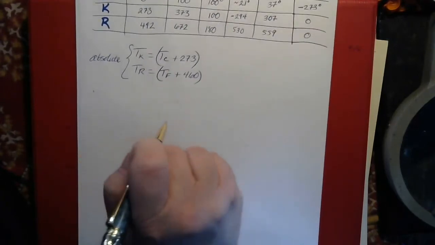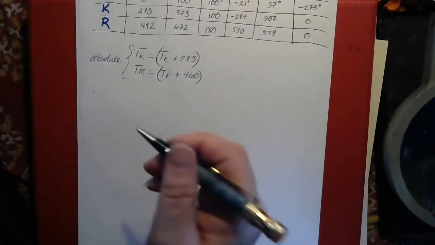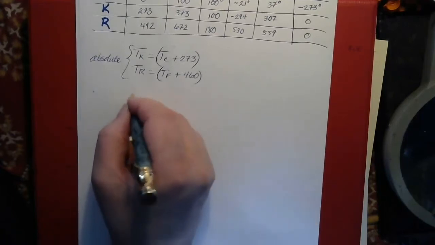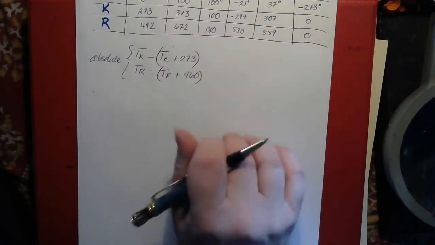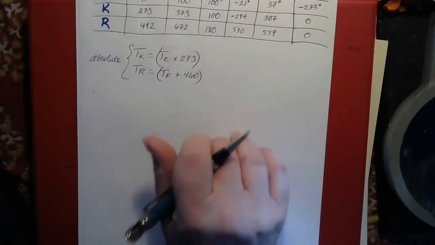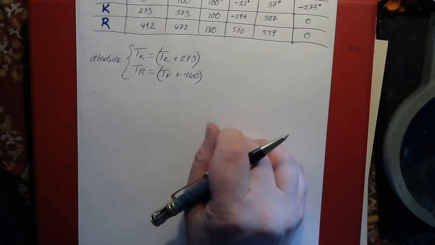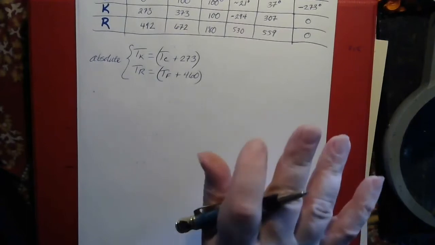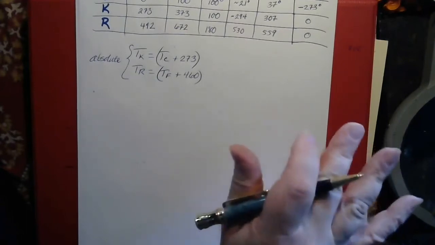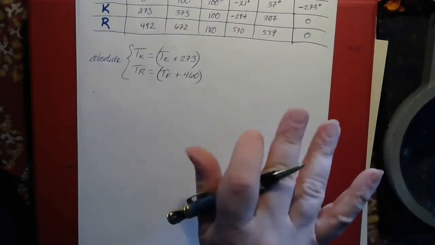We also need to be able to convert between Fahrenheit and Celsius. In order to do that, you have to compensate for two different things. In converting from Fahrenheit to Celsius, you have to compensate for the fact that they start at different 0 points. 0 Celsius corresponds to 32 Fahrenheit. You have to compensate for that.